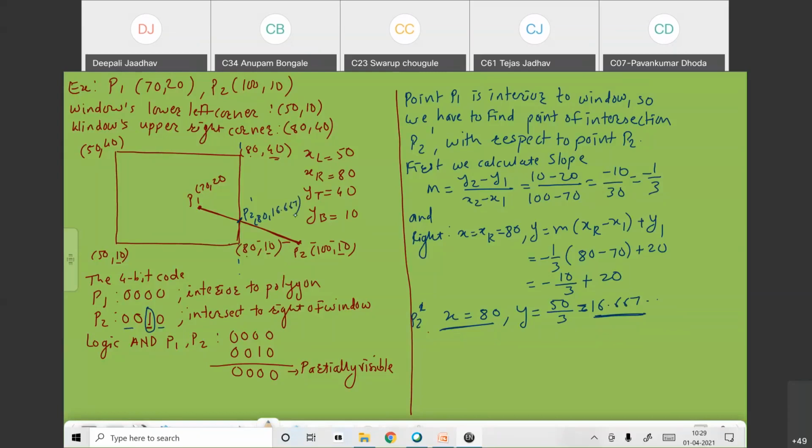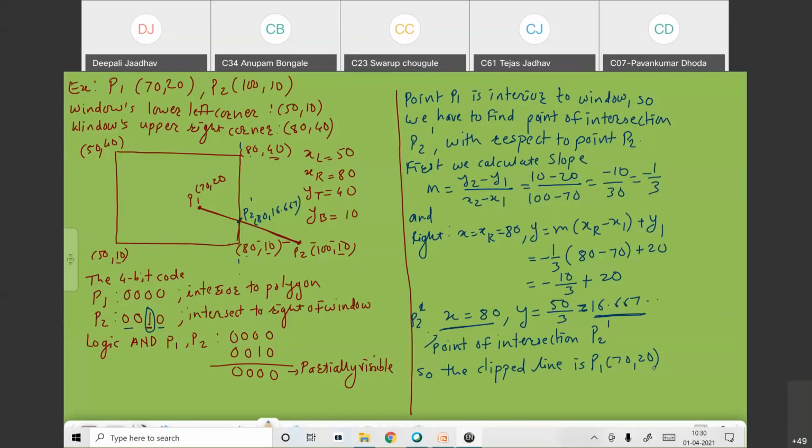So the clipped line here: this is our point of intersection, P2 dash. So the clipped line is P1 as it is, correct? P1 is as it is.